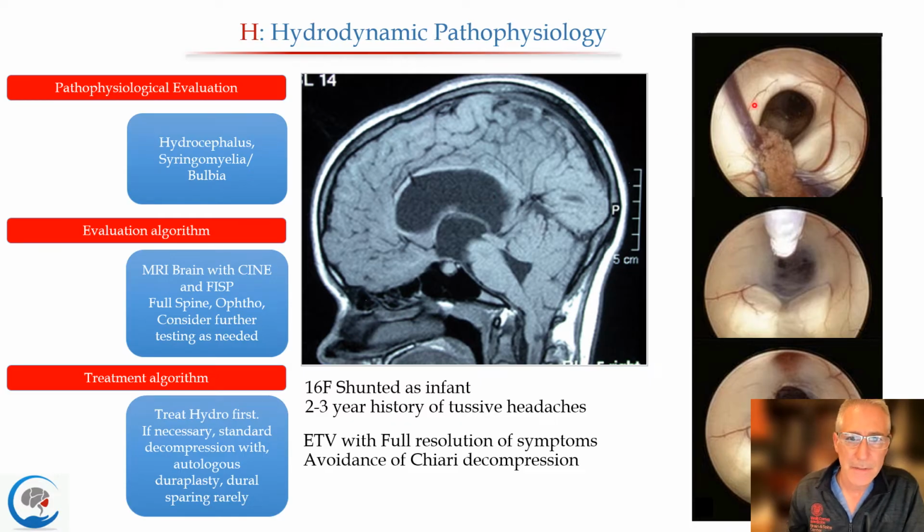You can see a couple of still shots here through the floor of the third ventricle with a tiny little 3 French catheter, just a couple of millimeters in size, to restore flow. And by doing that, the hydrocephalus is treated and the cerebellar tonsils ascend back into the brain, essentially treating the Chiari without Chiari surgery and allowing complete resolution of symptoms. So I just wanted to share an example there of the treat-the-hydrocephalus-first dictum in action.